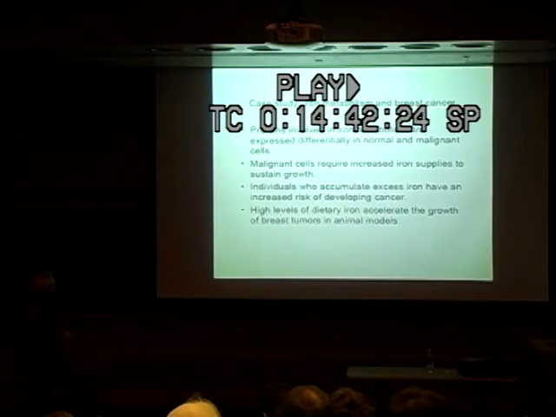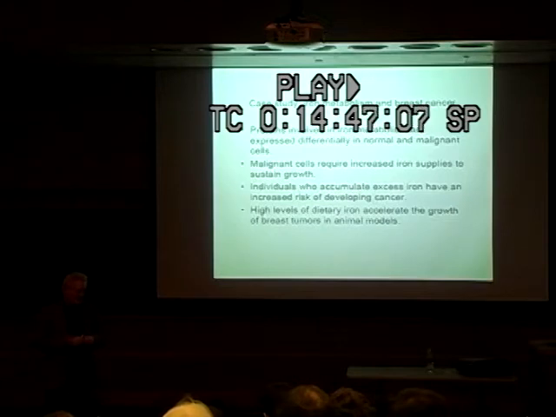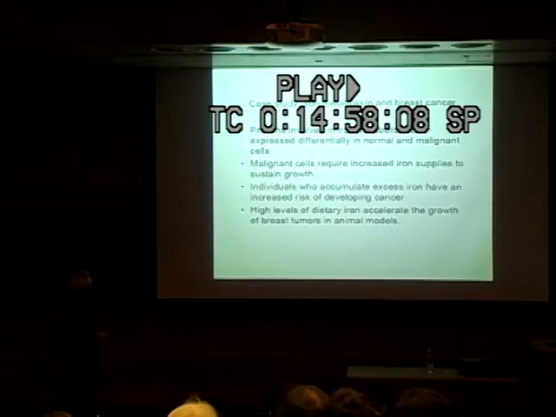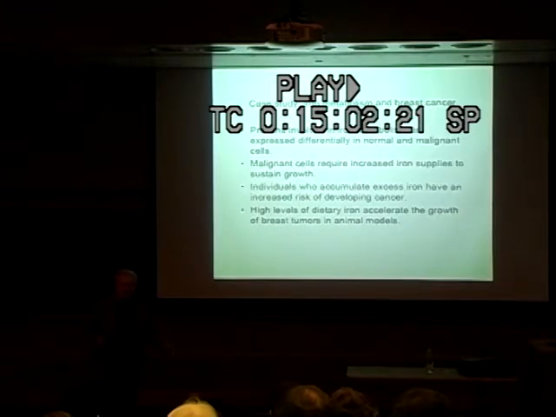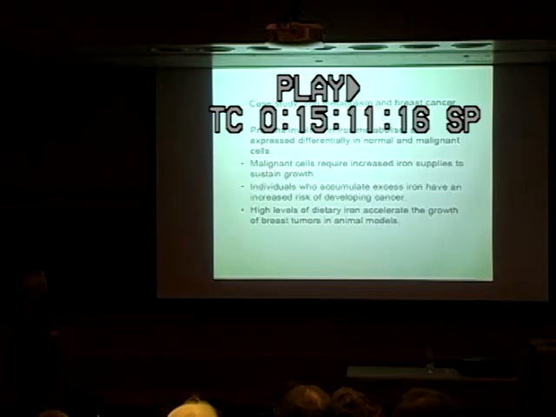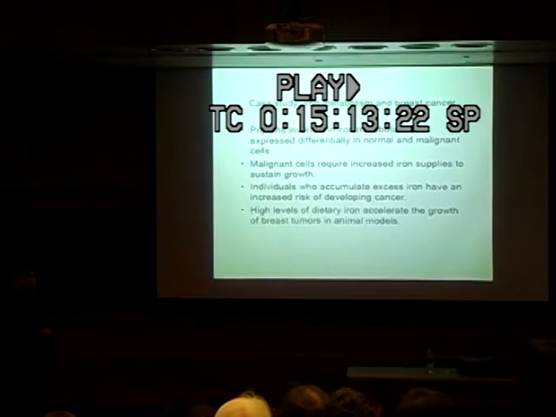First of all, if you just measure the proteins that are involved in regulating iron homeostasis in normal breast epithelial cells and in malignant cells, you get quite different expression levels. Certainly one difference is that malignant cells require more iron because they grow much more quickly. And you need iron for many things.